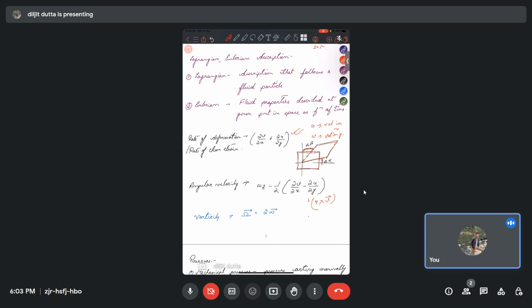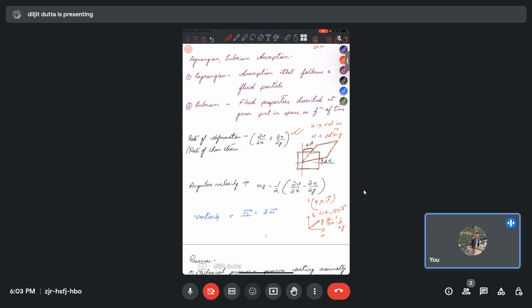If this is the z direction, then omega z is the curl of velocity, so it will only have components with respect to x and y, since the x and y planes are perpendicular to the z plane.